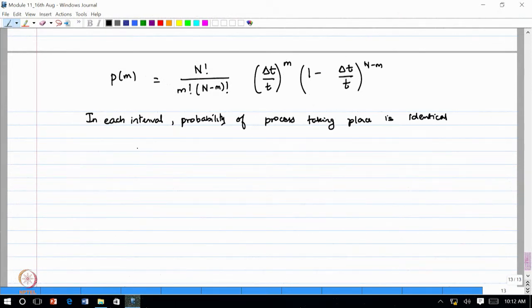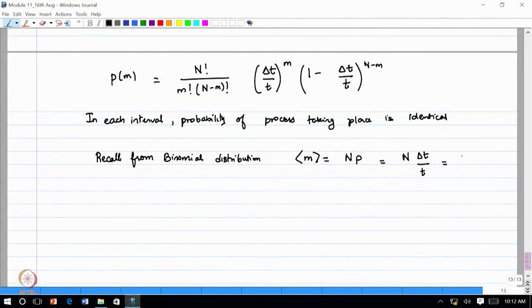We recall from the binomial distribution that the average value of m is equal to n times p, which is equal to n times delta t by t.